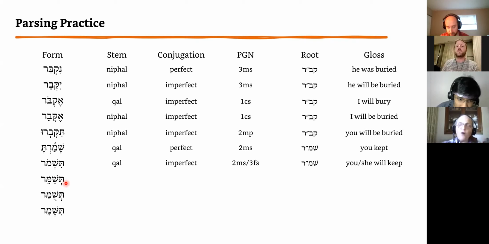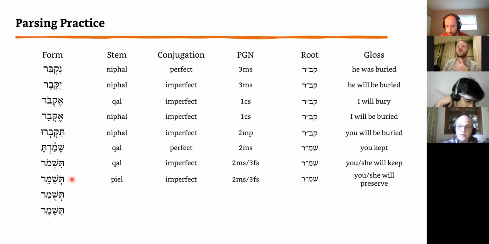Oh, yes, so Piel, so it's not passive anyway. You will preserve, exactly. She will preserve. So the one that follows after it is the passive of the exact same form. So we can compare them directly here. To shamer, you will preserve, and to shumar, you will be preserved. So the difference is that to you, to u sound.